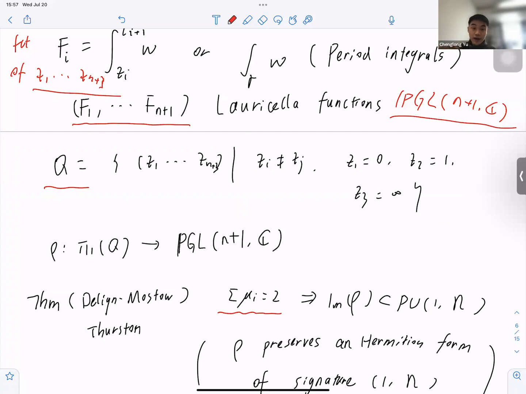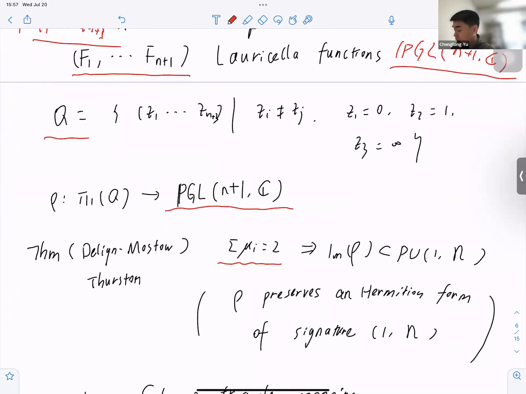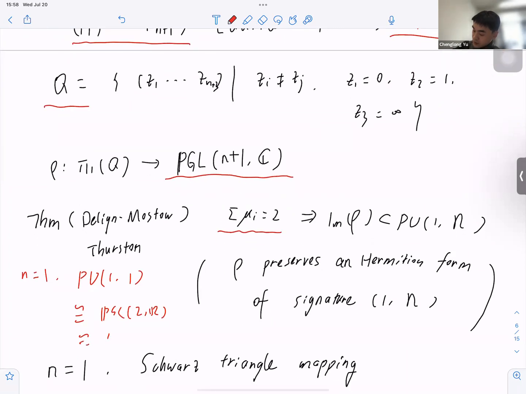So what is PU(1,n)? PU(1,n) is a subgroup of PGL_{n+1}(C) which preserves a Hermitian form of signature (1,n). So when n is equal to 1, PU(1,1) is just the group PSL_2(R) or PSO(2,1).